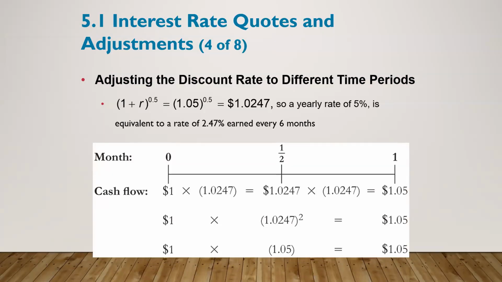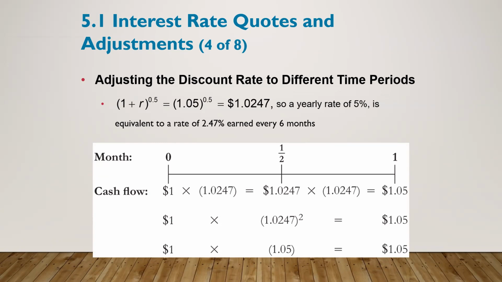We can apply a similar approach to determine the equivalent interest rate for periods shorter than 1 year. In such instances, we raise the interest rate factor, that's 1 plus R, to the relevant fractional power. For instance, earning 5% interest in 1 year is equivalent to receiving $1.0247.